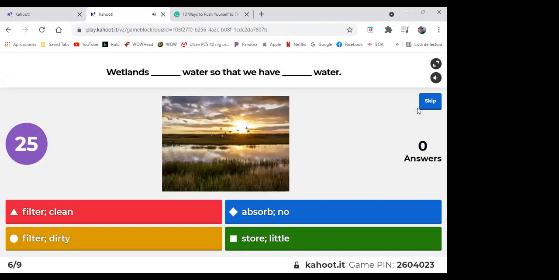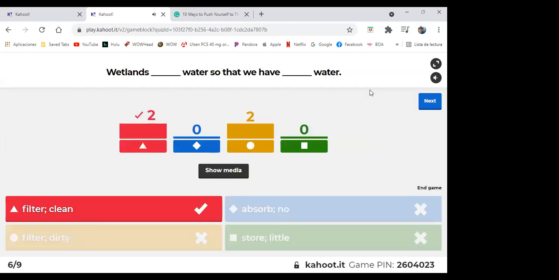Wetlands, first word, water, so we have second word, water. Remember, wetlands are good. It means we have clean water, right? They filter the water, so we have clean water. Yes.